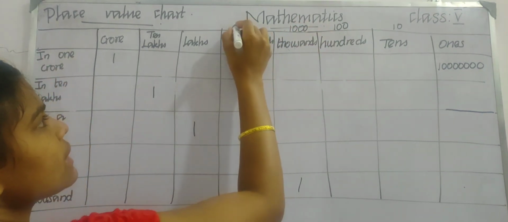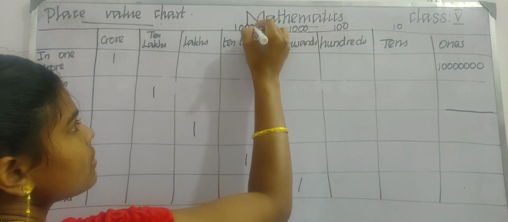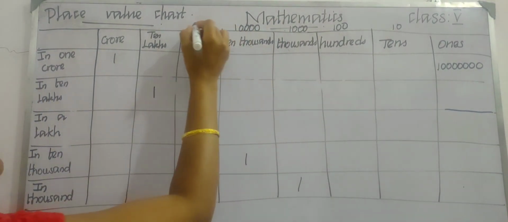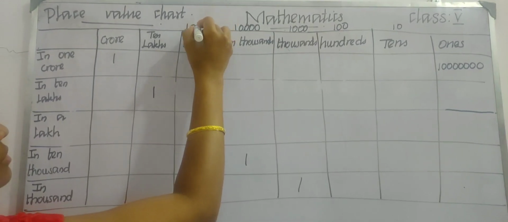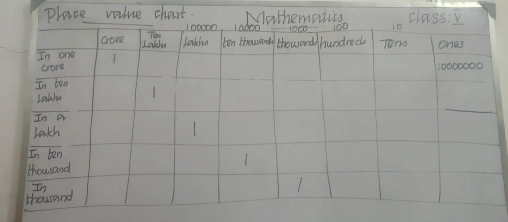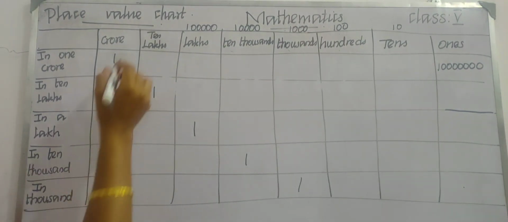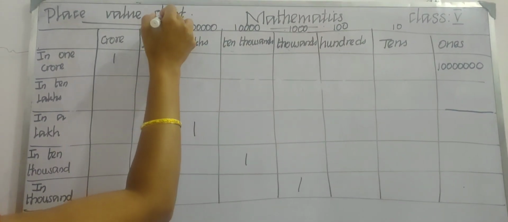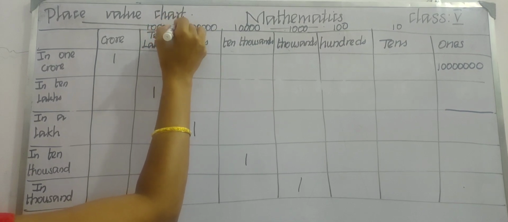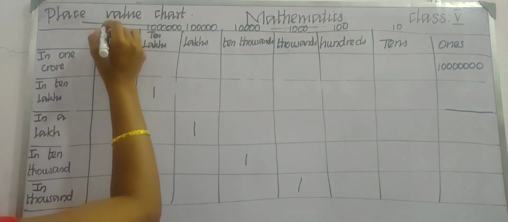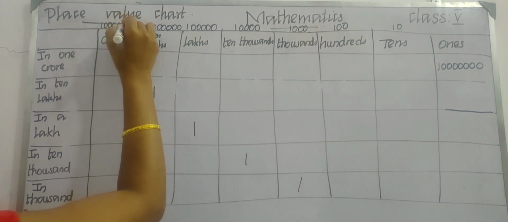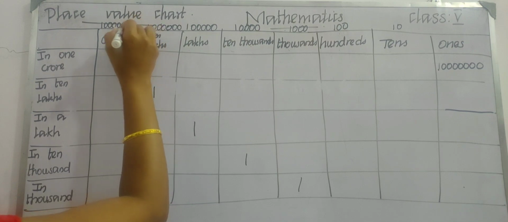Then 10,000, then lakhs, 10 lakhs, and then crore, which is the smallest 8-digit number.